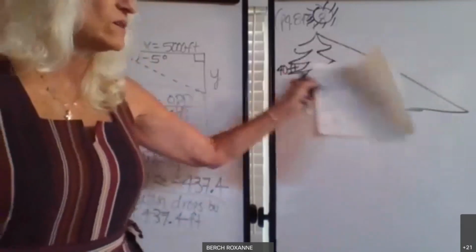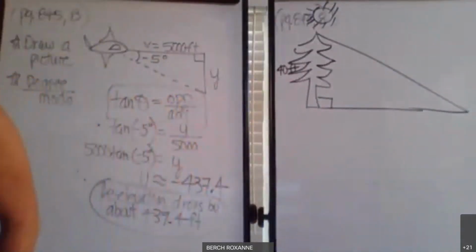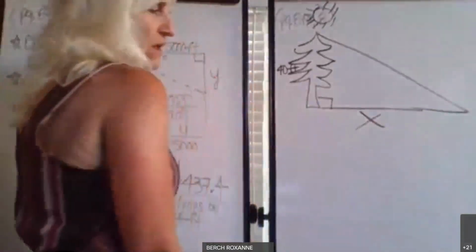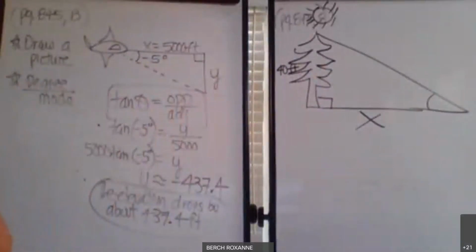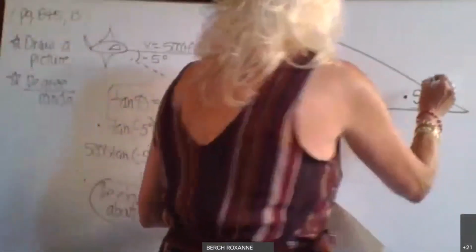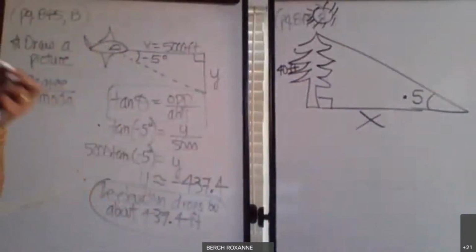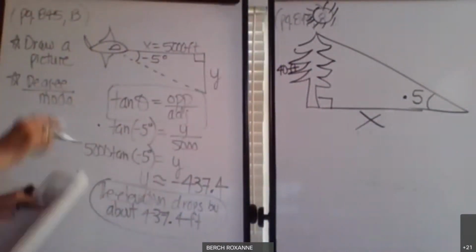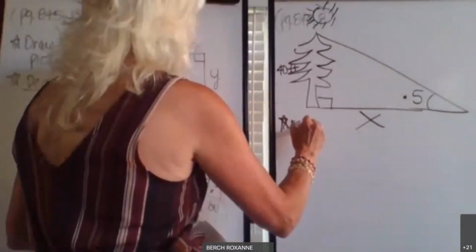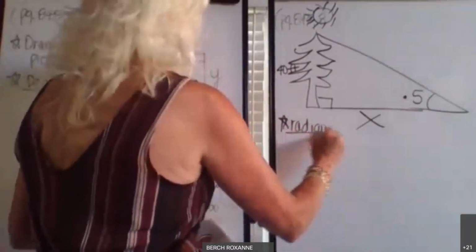Is this a horizontal or is that down there? There. So they want to know about the shadow, and they're saying that in relation to the horizontal, it's 0.5 radians, the angle. So over here, we had this in degree mode. Now we want radian mode. So it's switching back and forth.